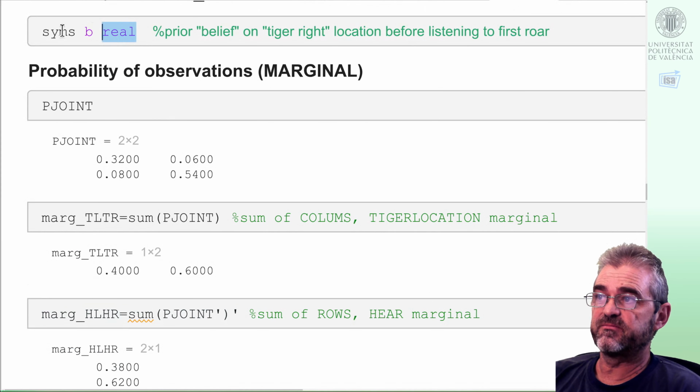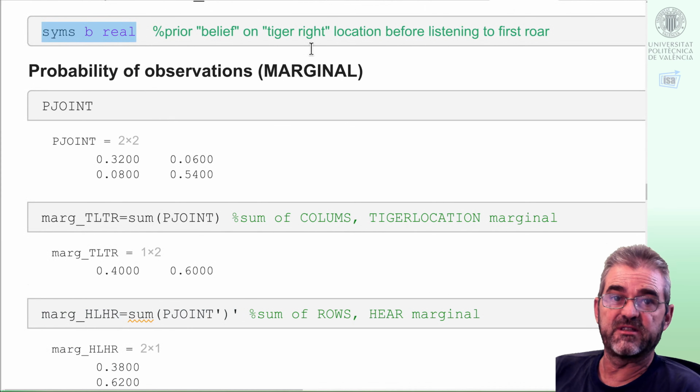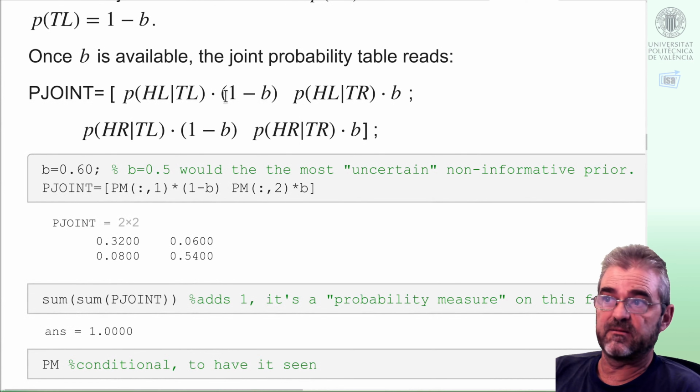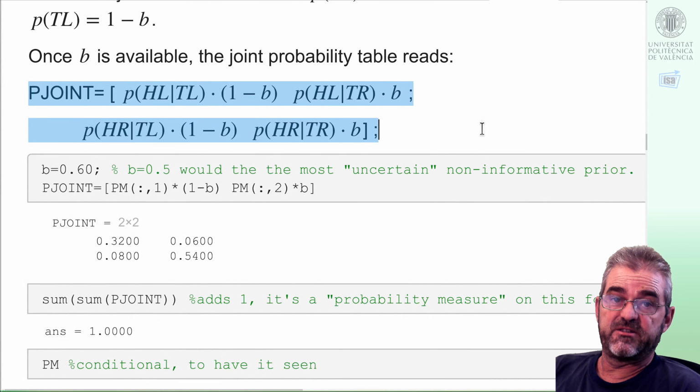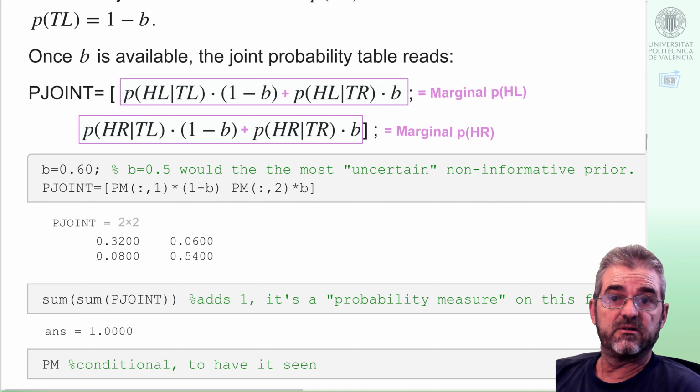We'll later use different values of the prior probability of the tiger being left or right, so we're going to plot the marginals as a function of B to better understand the meaning. And the marginals of the observations, here left, here right, will be adding these rows of the joint probability table. So let's do it with MATLAB code.